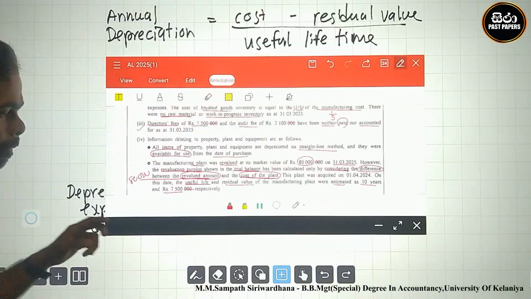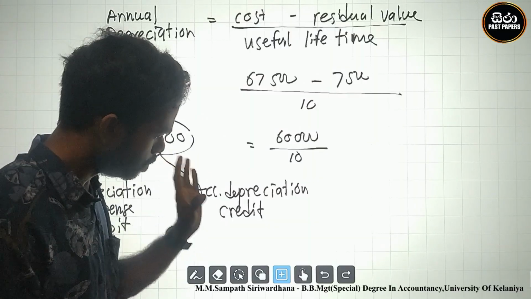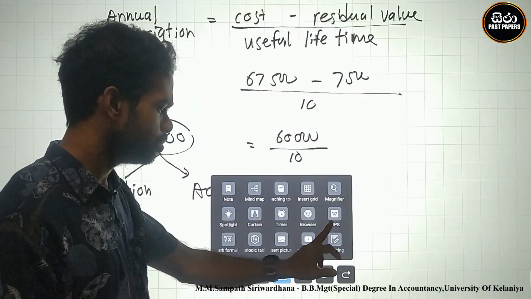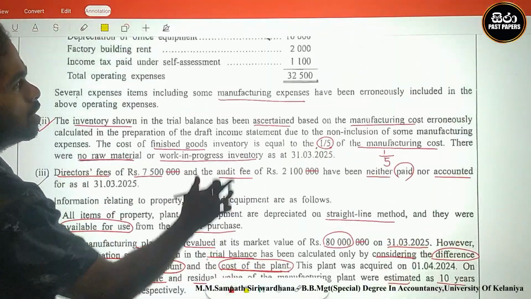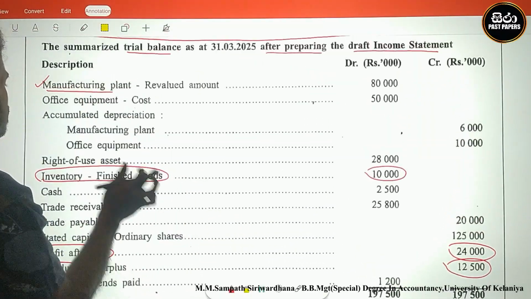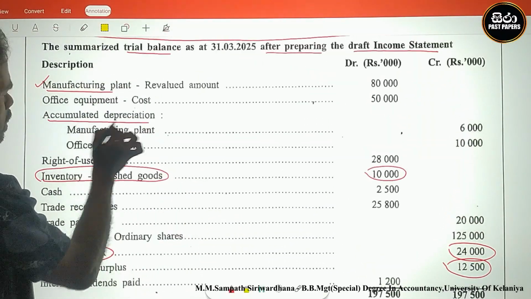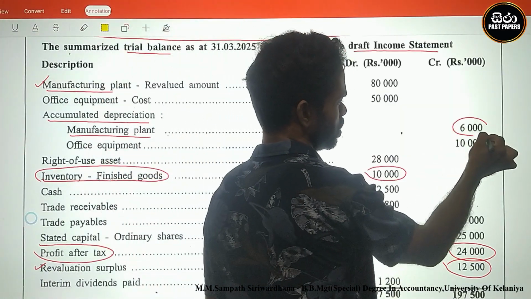The first location is depreciation expense. The other one is accumulated depreciation. Look here, 6,000. Look at the trial balance. Look here, accumulated depreciation, manufacturing plant. Look here, 6,000.